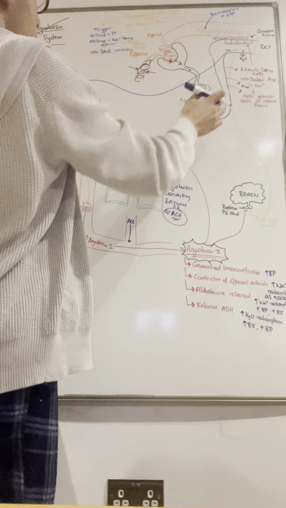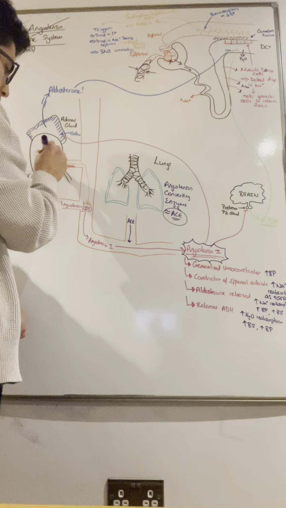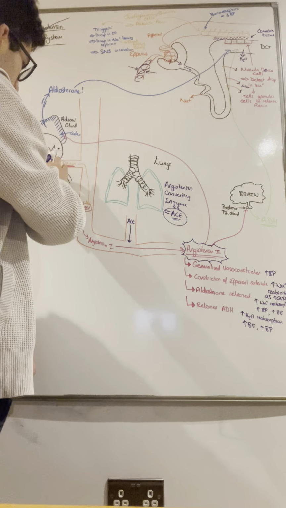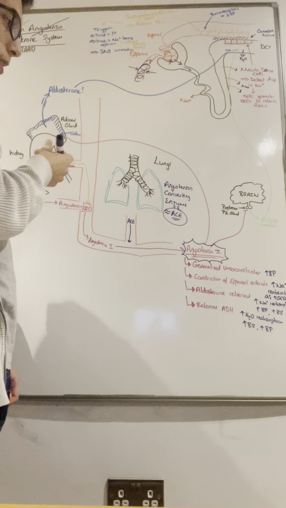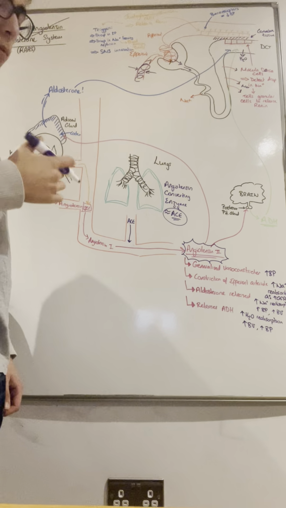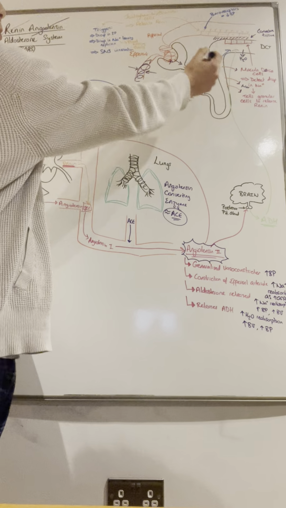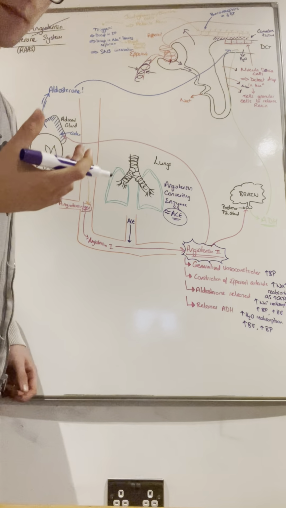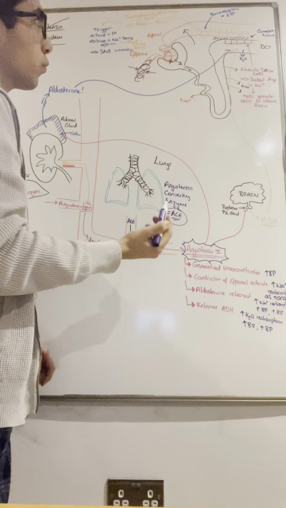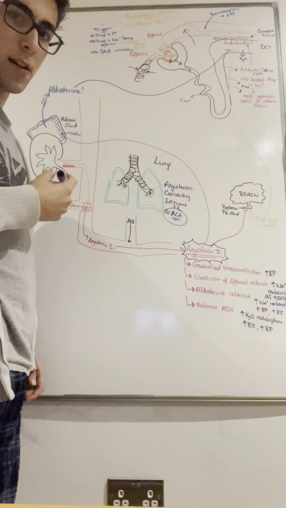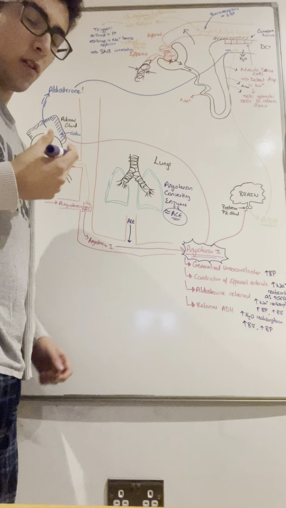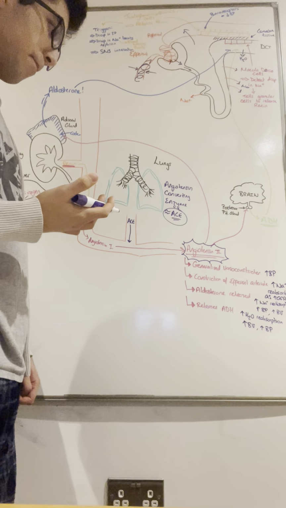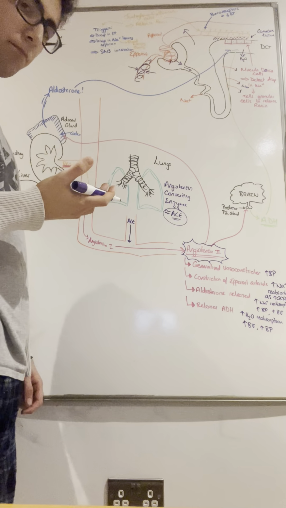So it's going to be reabsorbed into our bloodstream. Okay. So increased blood volume, because more water and more liquid is coming back into our bloodstream. Increased blood volume means an increase in blood pressure.